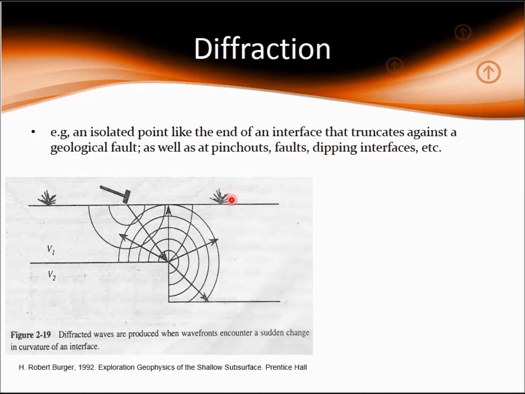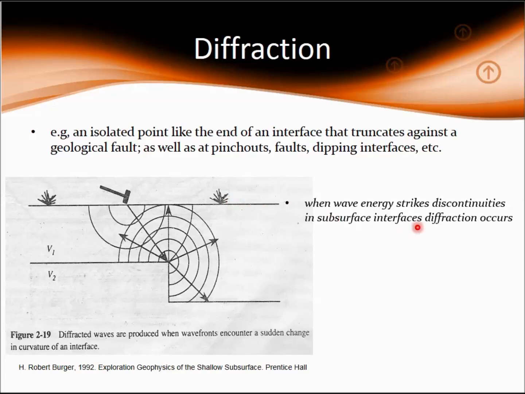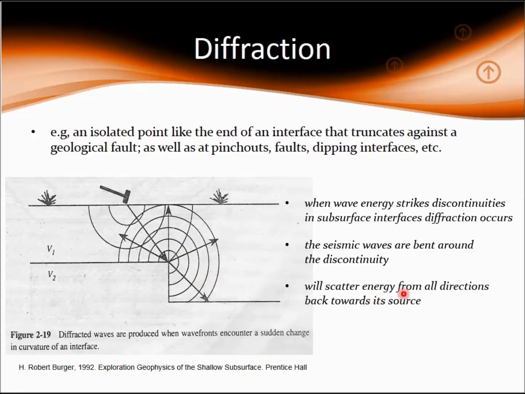This is how the diffraction phenomenon happens. When the wave energy strikes a discontinuity in subsurface interfaces, diffraction will occur, and the seismic wave bends around in many directions after it hits the discontinuity. It will scatter the energy in all directions, and it goes backward and upward in many directions toward its source.